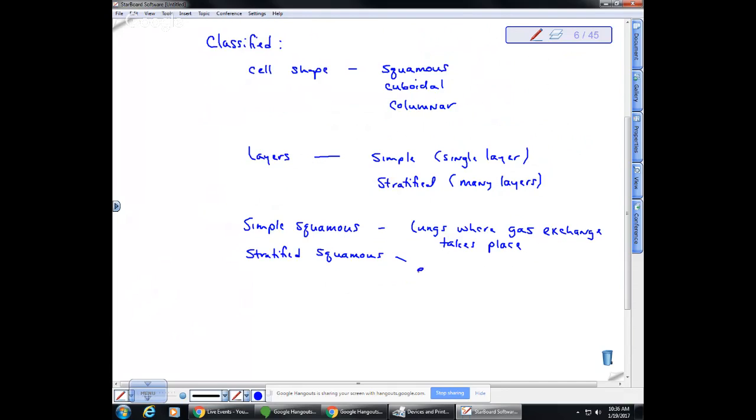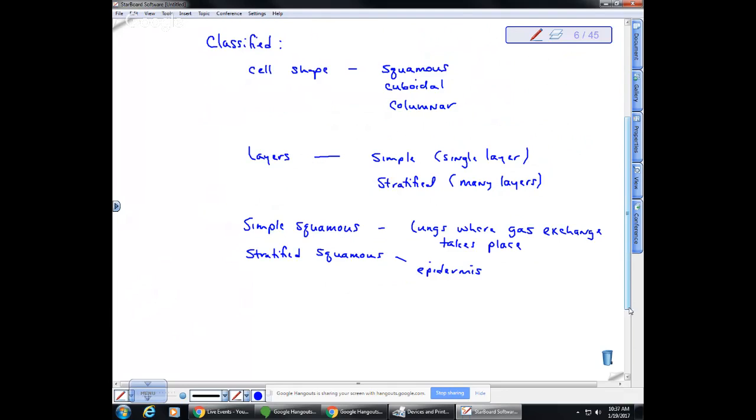Stratified squamous is our epidermis, for example. And that means that our outermost layer of skin is actually dead stratified squamous cells that are continually being replaced by a basal layer of cells that undergo mitosis. And then the cells migrate to the surface, they die, they become keratinized, and they're actually sloughed off to the environment. So we're constantly sloughing off the skin and it is replaced. But this is an example of stratified squamous epithelial tissue.